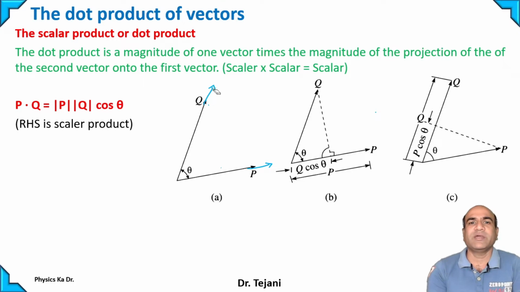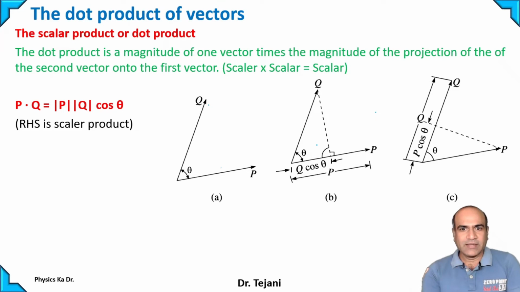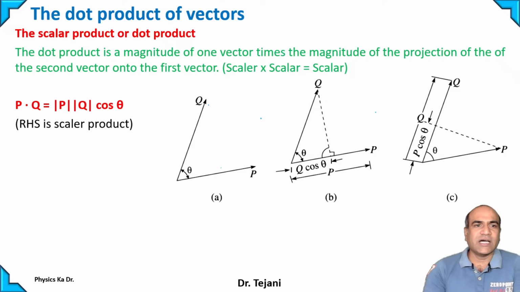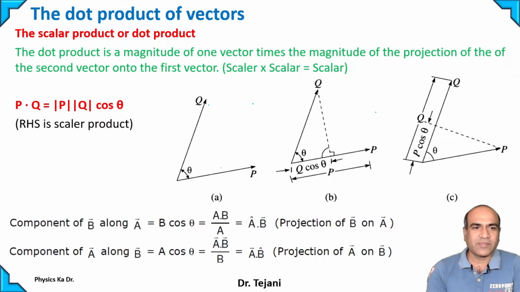It is just a multiplication of a vector times the magnitude of the opposite projection. It is just a projection of two sides. So here P dot Q is equal to PQ cos theta, and that becomes a scalar product.